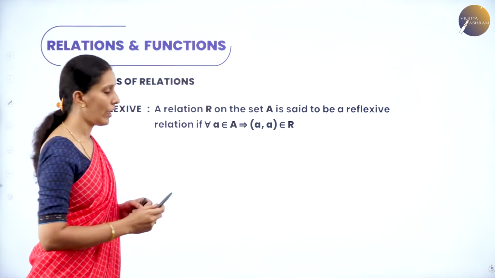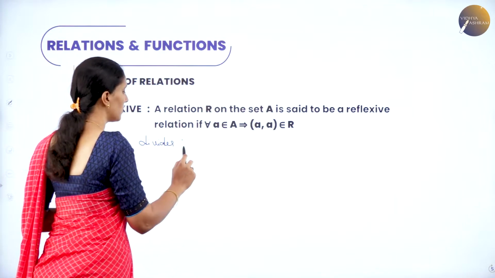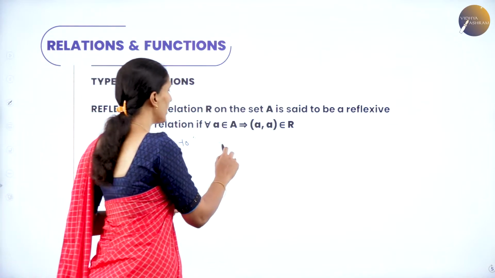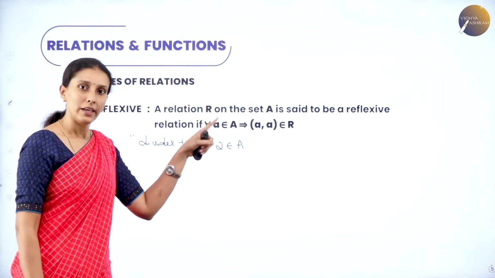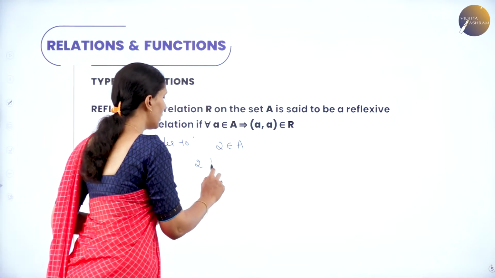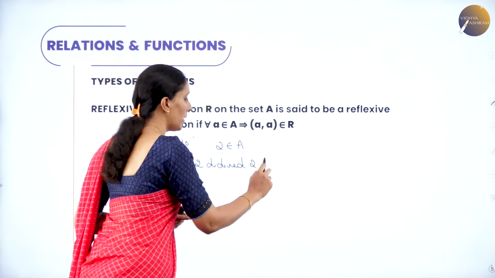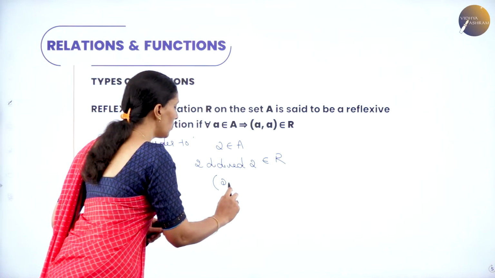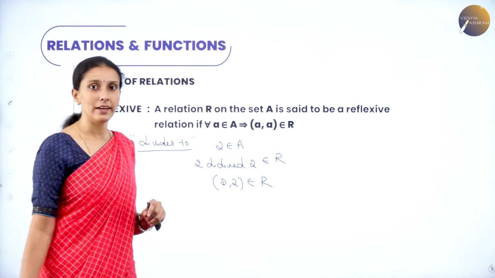Let me take one more example, "divides". This is one of the relations. Suppose 2 is an element in A. 2 divides 2. That means 2 divides 2, so (2, 2) belongs to R, because the relation we have taken here is "divides".